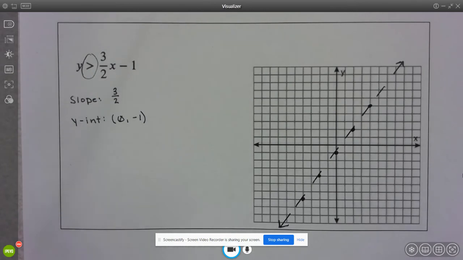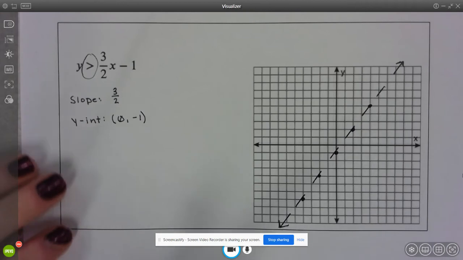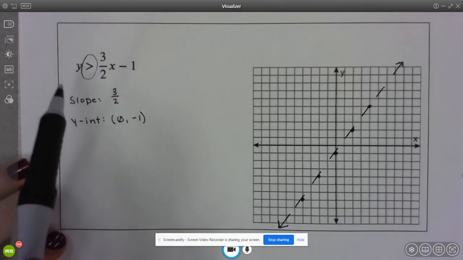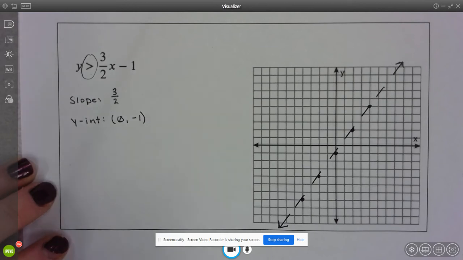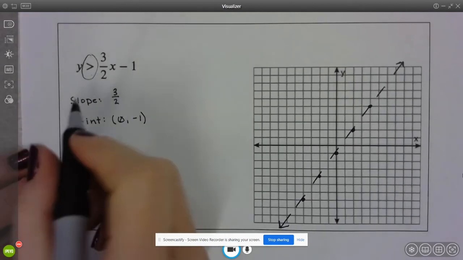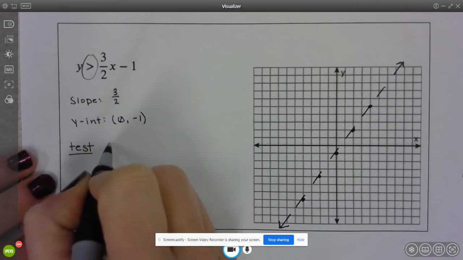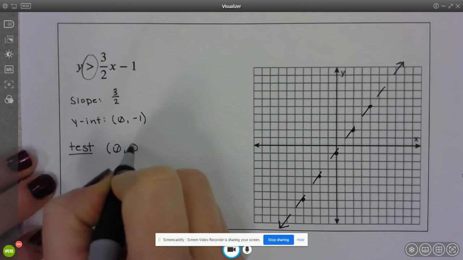So the next thing we're going to do is figure out where the points are that qualify as a solution to this statement. So the point that I usually choose to test is the origin. So I'm going to test the point (0, 0).